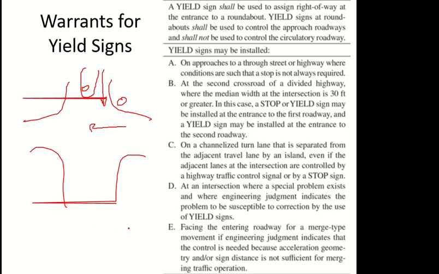Or in some cases you may have a highway and you see a side road here. So this is the main highway, you have both directions here. And then there's a side road here. So again there could be a yield sign here and a yield sign here.